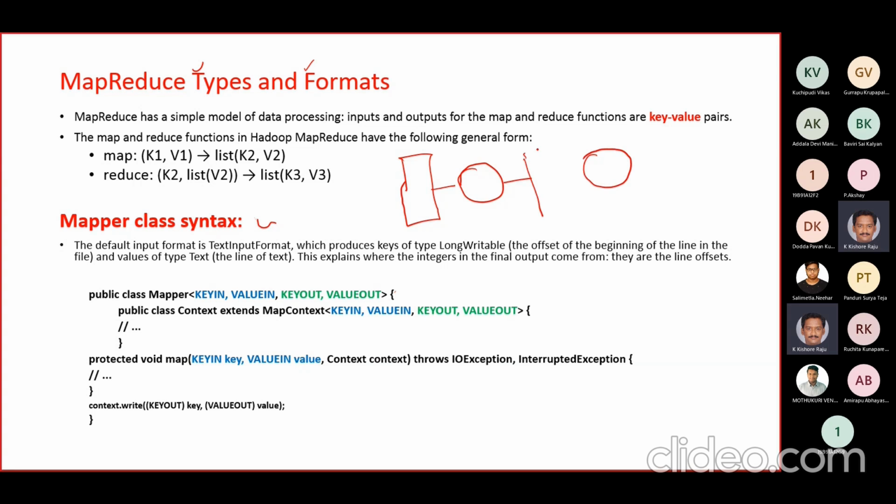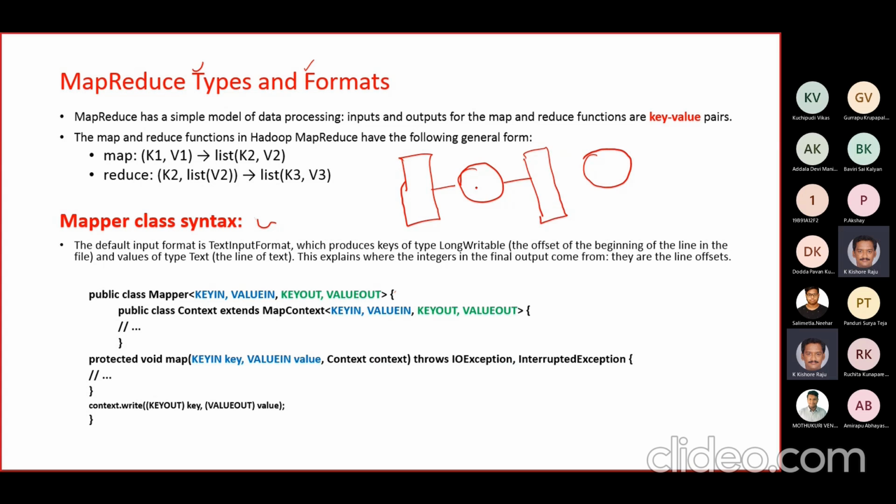And in between this map and reduce, there is a phase called intermediate output. Whatever it may be, either mapper or reducer, always the key value pairs are the input and key value pairs are the output for the mapper as well as the reducer.